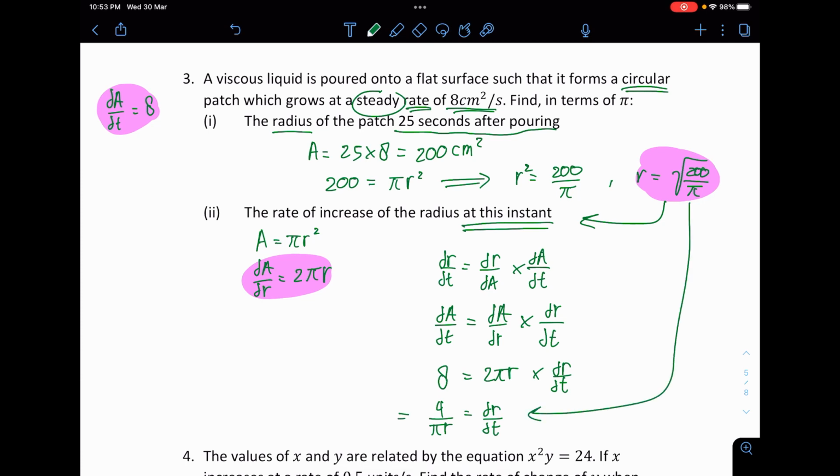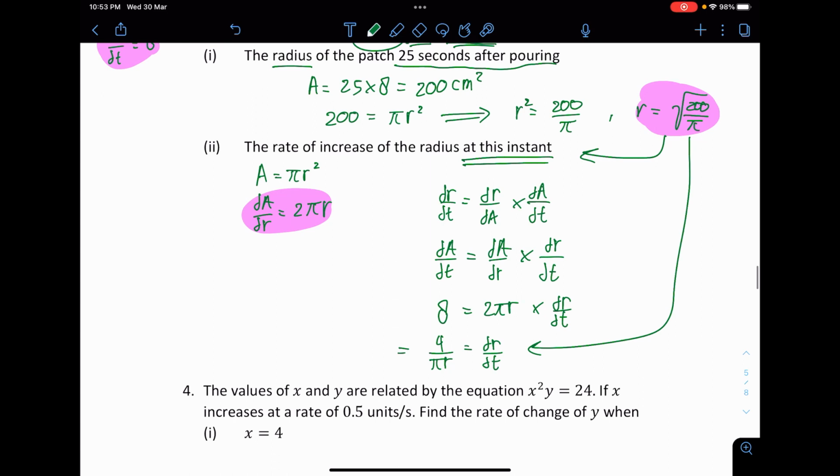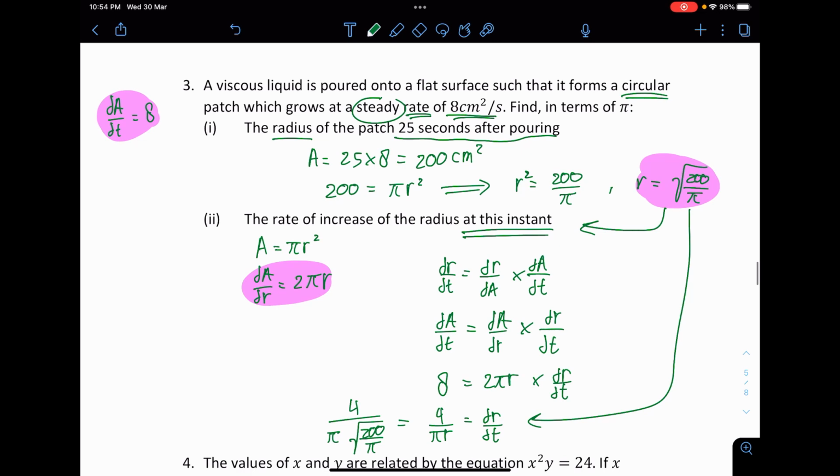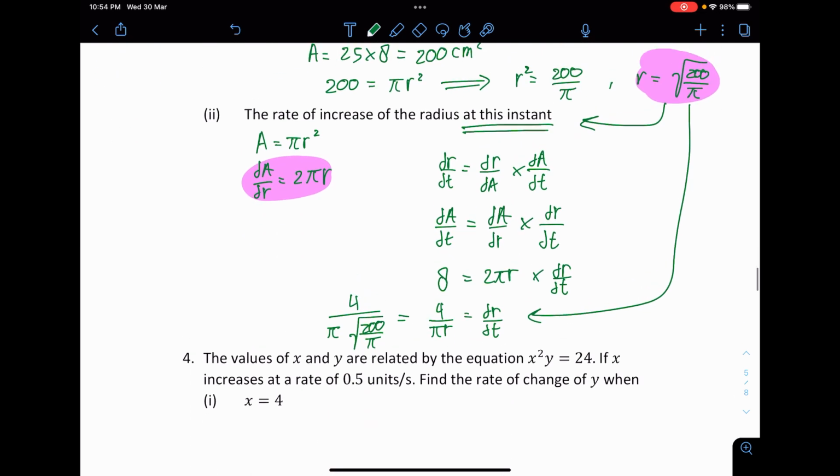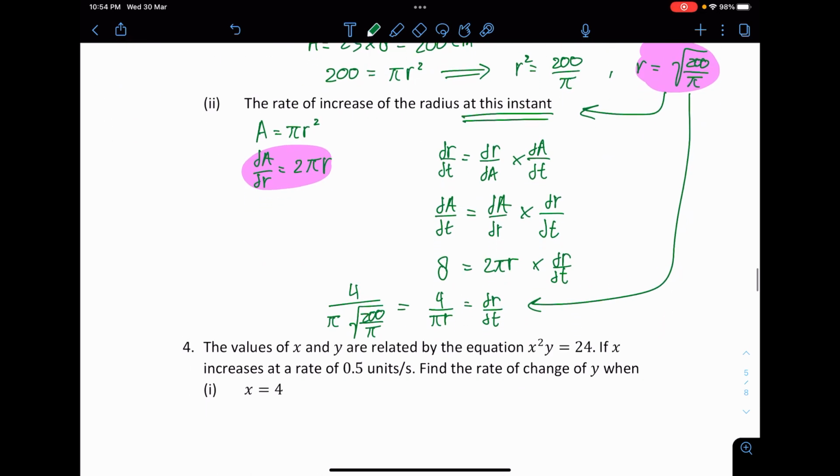Further ahead, you can just key in the calculator 4 divided by pi multiplied by the square root of this. The question didn't say anything about in terms of pi, which means we need to do a little bit of simplification. What will it be?